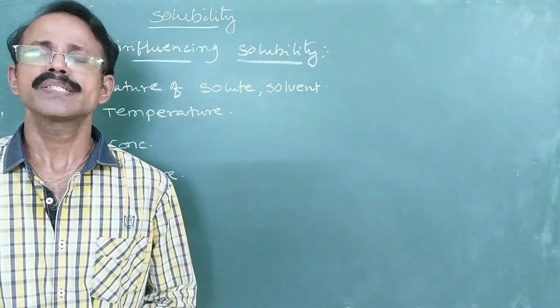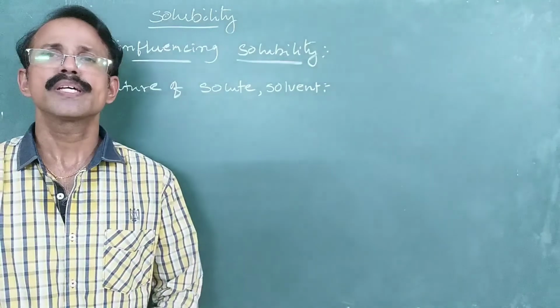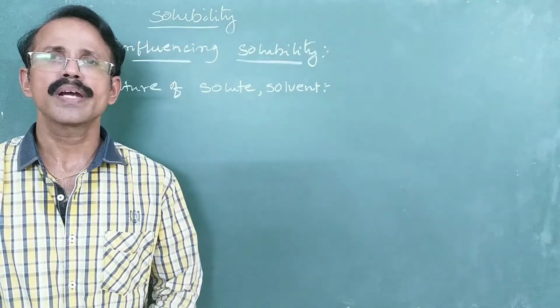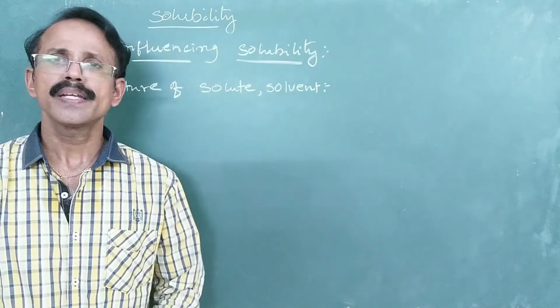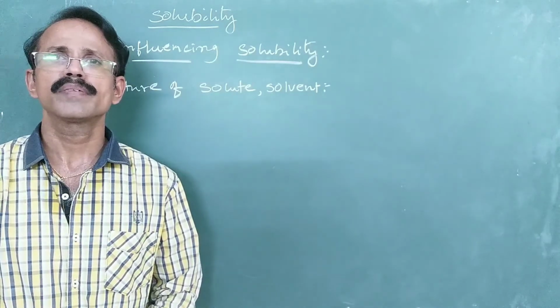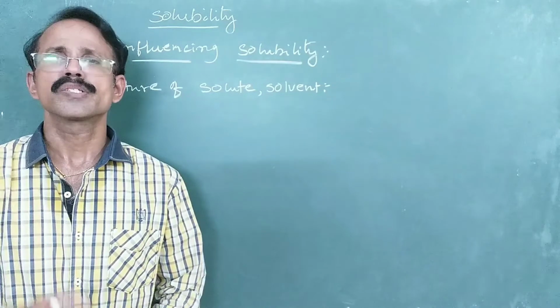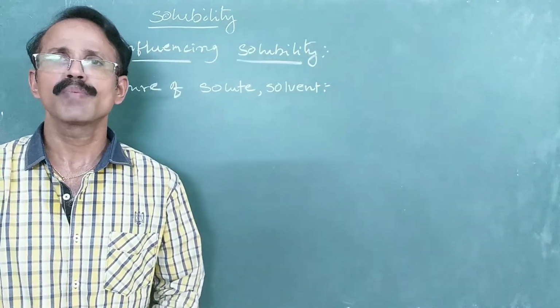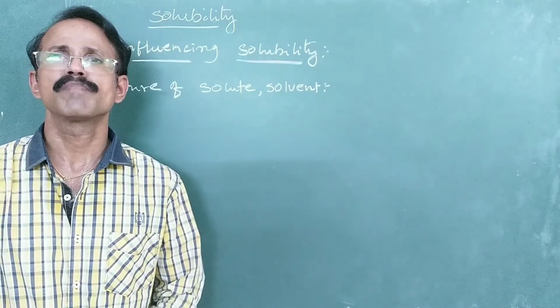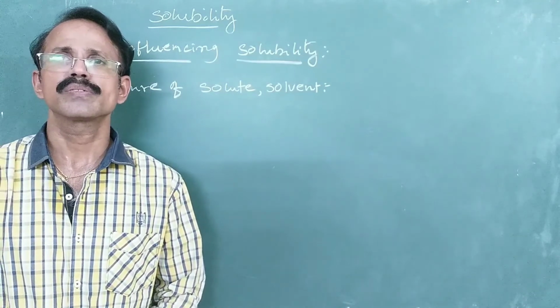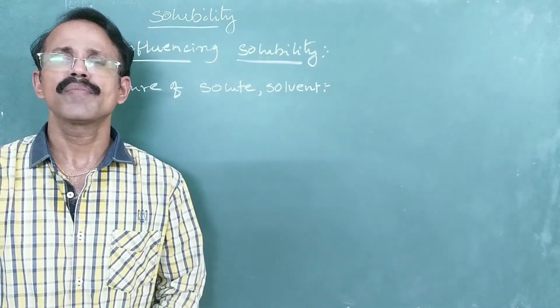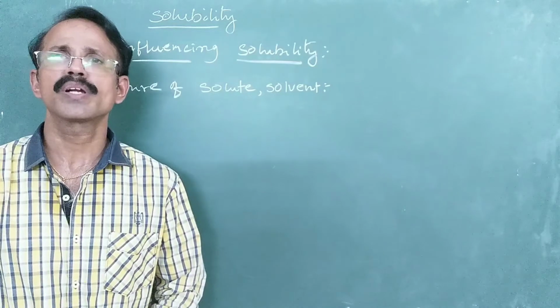Let us see these factors in detail. First, nature of solute and solute and solvent. Ionic compounds like sodium chloride, potassium nitrate, and some polar substances are soluble in water, whereas non-polar substances like oil and wax are insoluble in water.